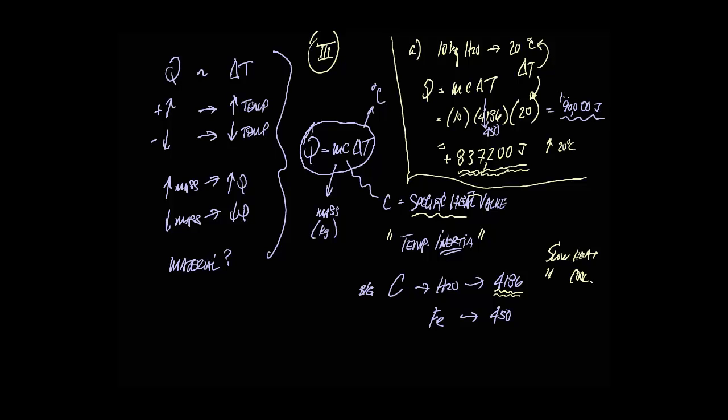A lot less energy needed to warm up just that metal. And we see that when you're trying to boil water. If you have an empty pot on the stove, it will heat up very quickly. If there's water in it, it takes a lot more time and energy. Why? Because you're heating up not only the pot, but also the water contained in the pot. So if we had a 10 kilogram pot with 10 kilograms of water in it, it's a heavy pot. The amount of heat to heat both those up 20 degrees would be just adding these two numbers to give us the Q total. Okay.